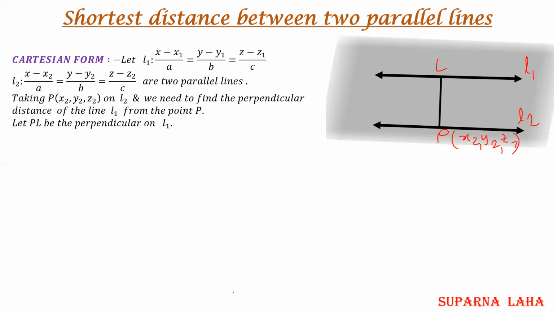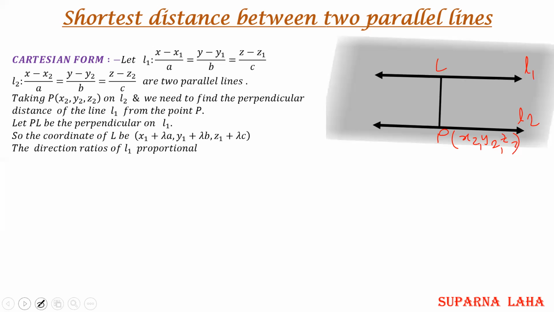So the coordinates of L, any arbitrary point on the line L1, can be represented as x1 plus lambda a, y1 plus lambda b, z1 plus lambda c.